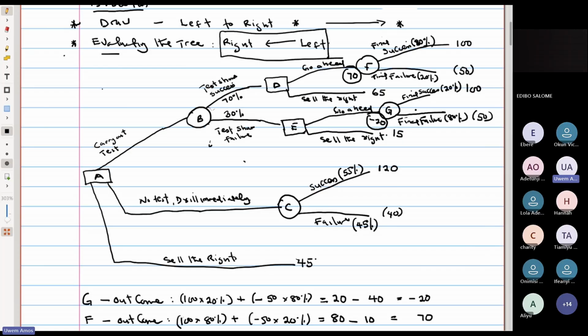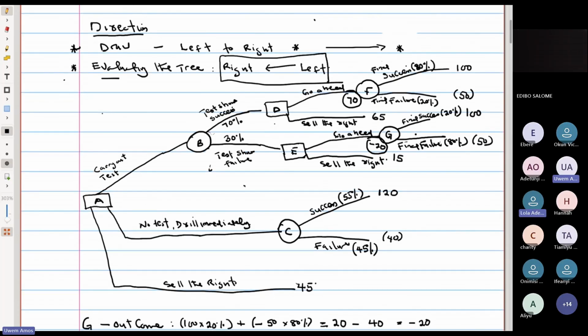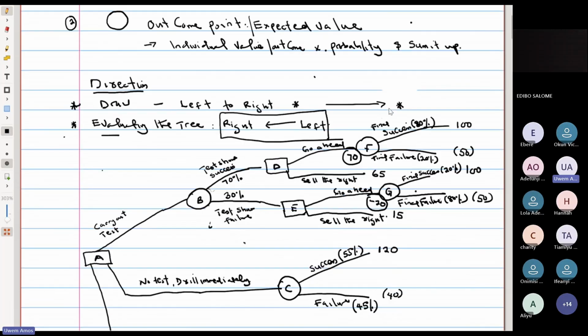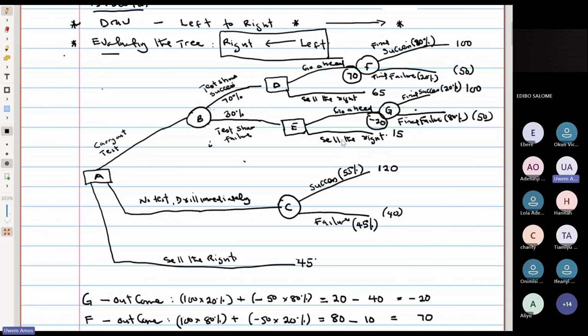So that is the reason why you have to make use of the right symbol. Whenever we have a decision point, what do we do? We make a choice, we choose between the alternatives. What alternative do we have? We can go this way or this way. Those are the two lines going out of E. If we go this way, we land at G, and G is minus 20.